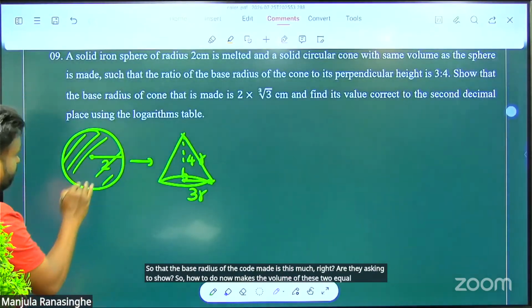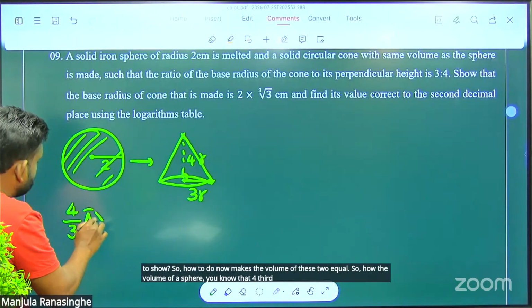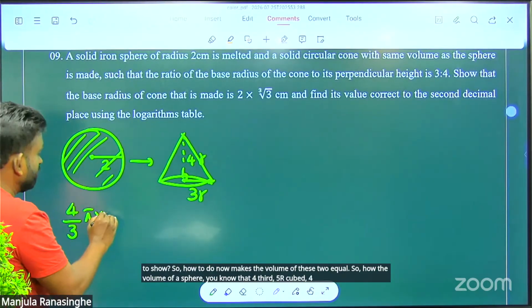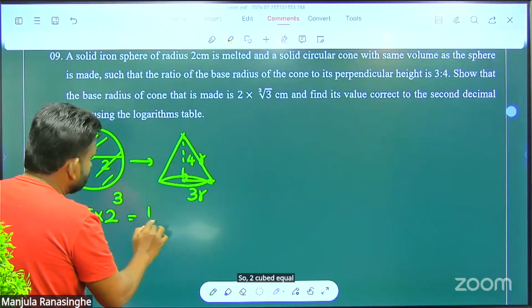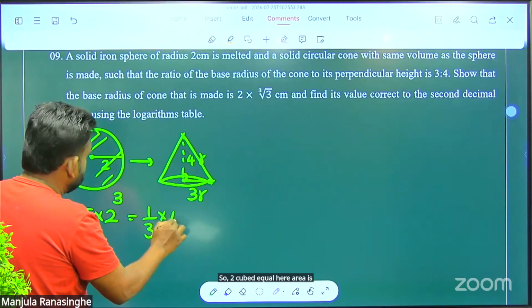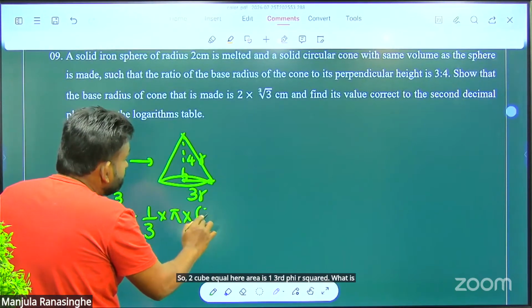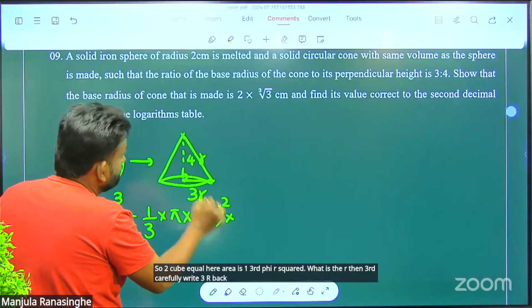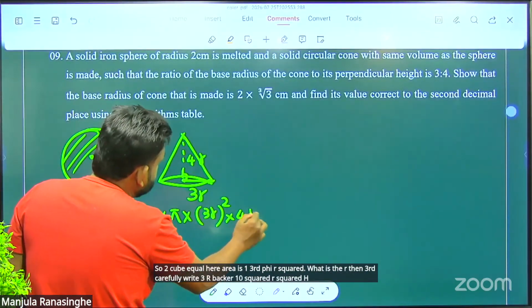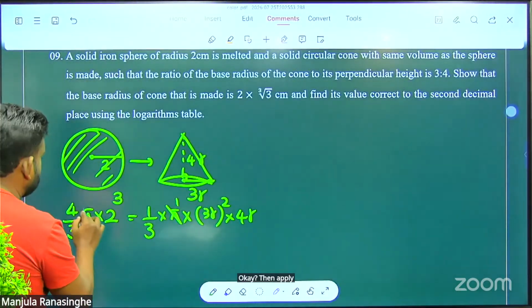The volume of a sphere is 4/3 pi r cubed, with 2 cubed, equals the cone's 1/3 pi r squared h, which is 1/3 pi (3r) squared times 4r.